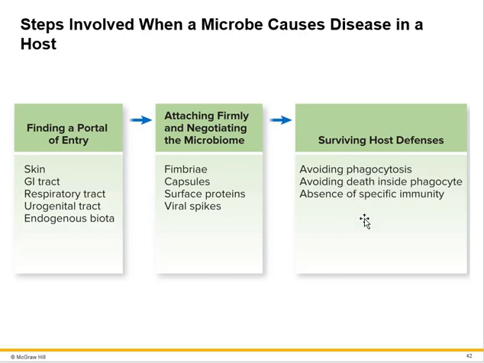So the big target here is avoiding phagocytosis in general, and then others will avoid the death inside the phagocyte. So they can somehow survive the chemicals that are in those phagolysosomes.